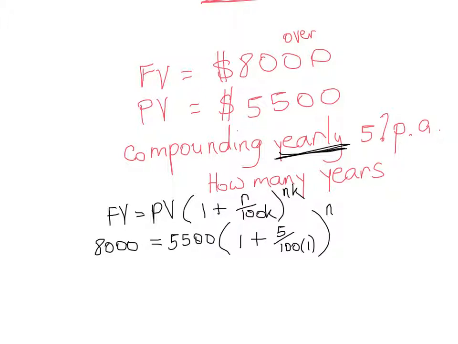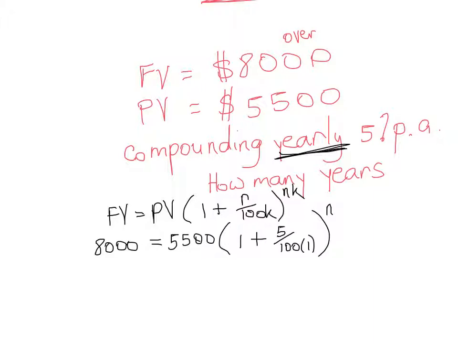Now, at this point, we have a few options. Logs is not on our curriculum. When you're trying to solve for an exponent, that would be an option, but it's not on our curriculum, so don't worry about what I just said. What other option do we have? Well, we have trial and error, and there's something on the calculator called solver.